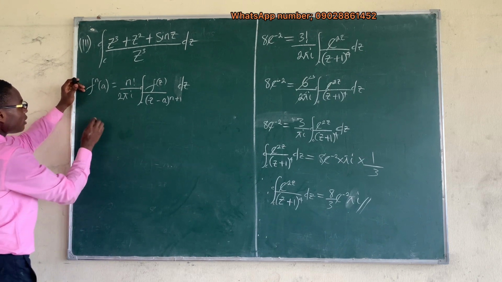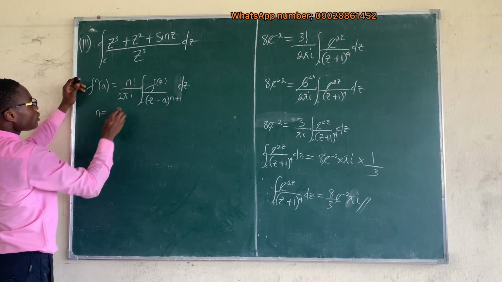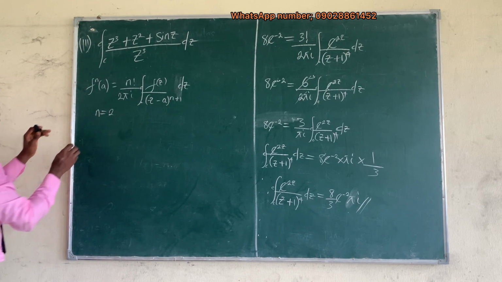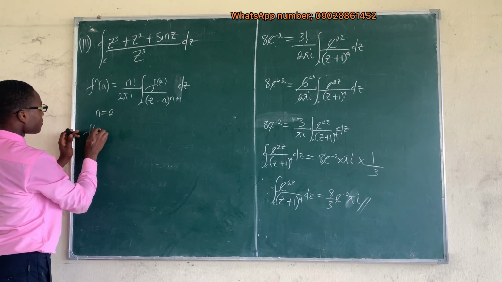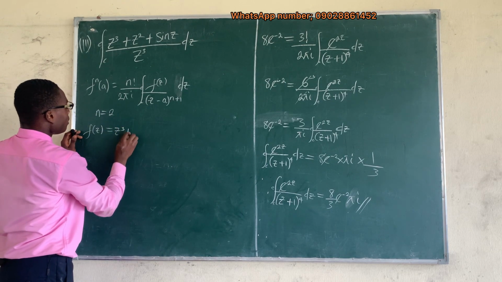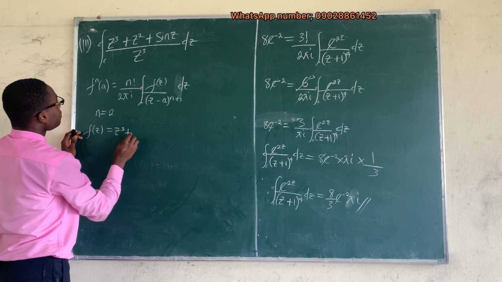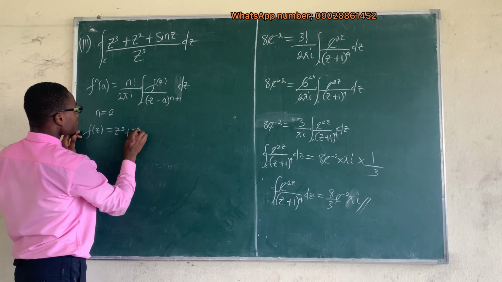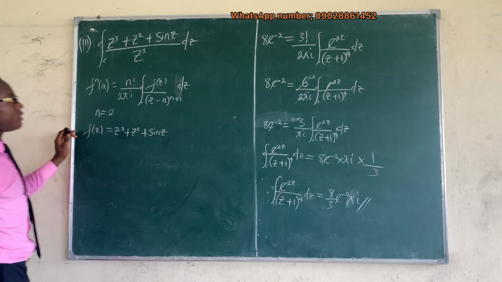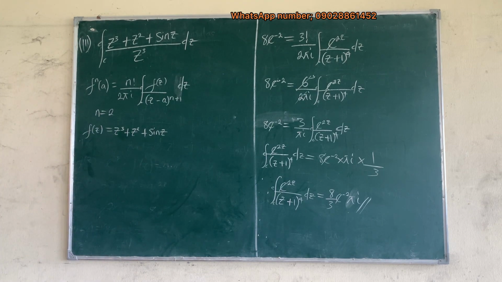So first of all, identify n. n is equal to 2, and f of z is equal to z cubed plus z squared plus sine z.